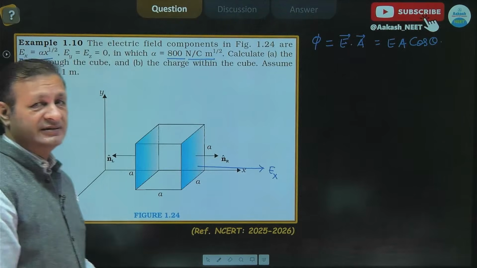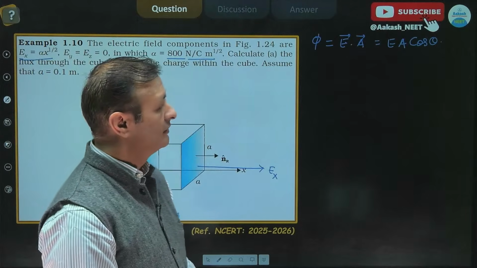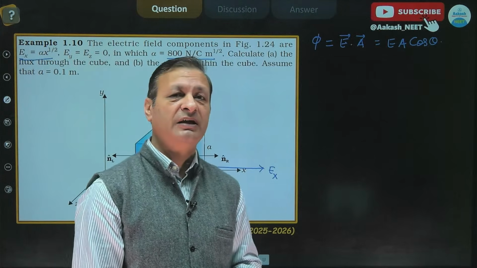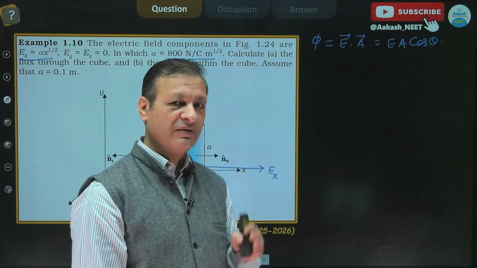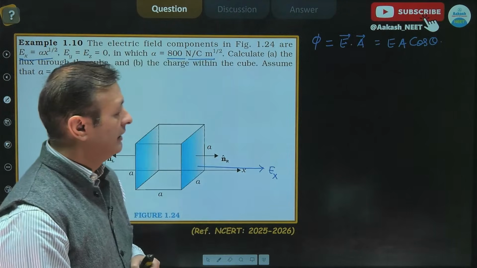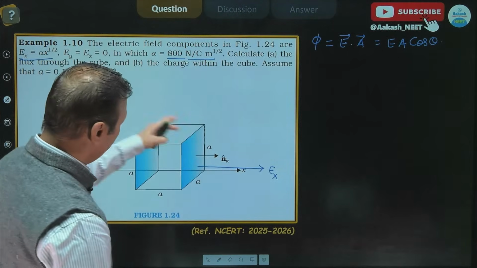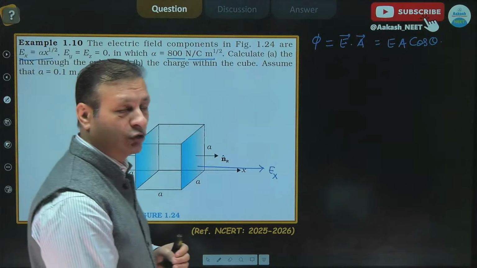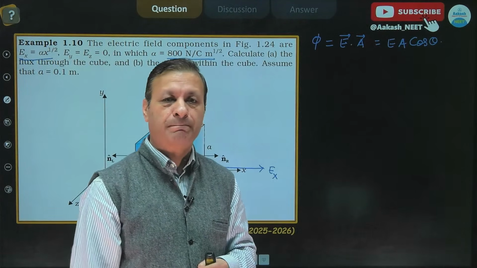And A is the area vector, and theta is the angle between electric field vector and area vector. Now this cube, this configuration, we have to find out the flux through this closed surface, which is a cubical concept.